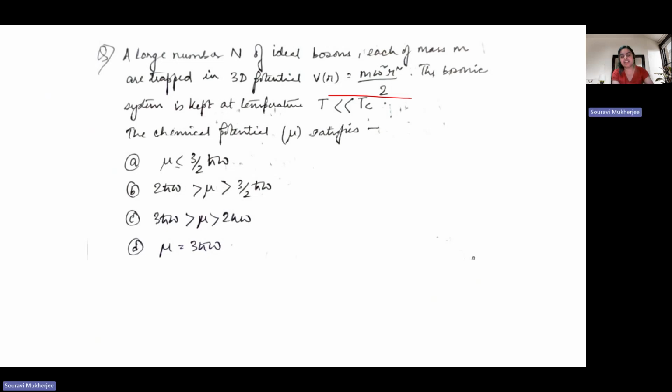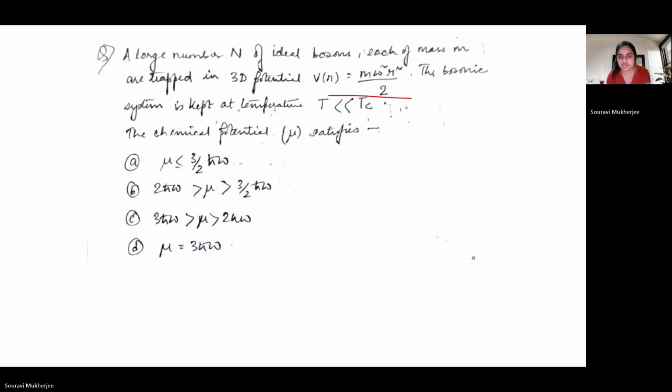So what should be the criteria that the chemical potential should satisfy? Just think of the criteria.